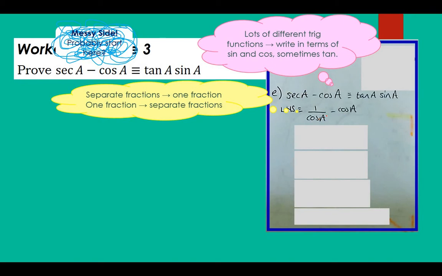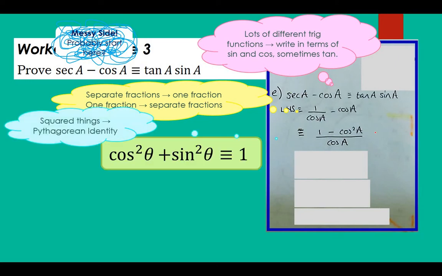We now have two terms, and I can't see what to do, so we're going to try combining them. If we have separate terms that are fractions, it's a good idea to combine them by adding or subtracting the fractions. So we need a common denominator of cos, and this is what we obtain. Now, as soon as we see that squared there, we can start thinking, oh, Pythagorean identity. And we know that 1 minus cos squared will be sine squared.